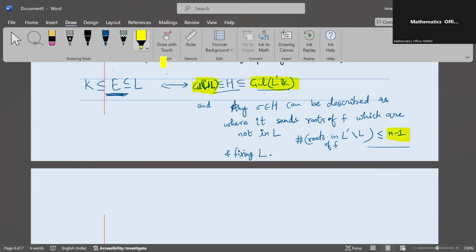This number n minus 1 is because one root is already in L, so at least they are n minus 1. So these subgroups we have to count.